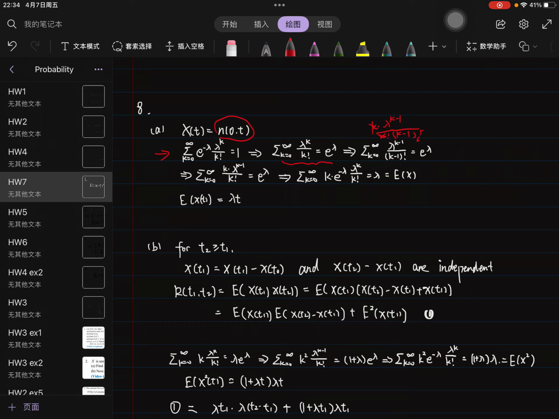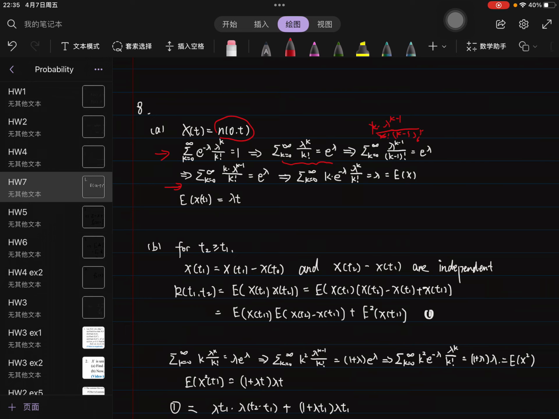So we multiply k to the denominator and numerator. So there should be this step: k times lambda to the power of k minus 1 over k factorial, the sum of this, equals e to the power of lambda.